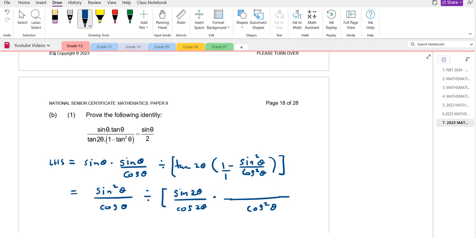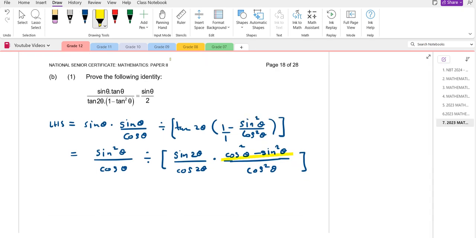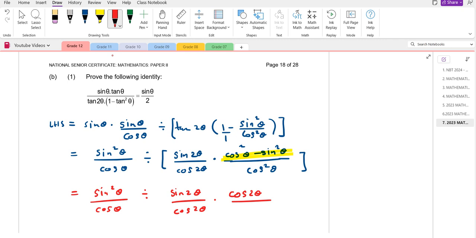Cross multiply. So far we can see that cos squared minus sine squared is cos double angle, right? So divided by sine 2 theta over cos 2 theta, and that's cos double angle over cos squared theta.